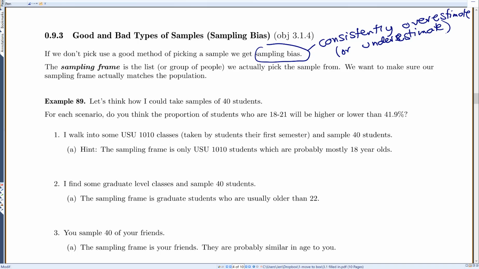I would bet our percentage will be a lot higher than 41.9%. I would bet that almost all are 18 to 21, mostly 18. So we are going to be overestimating by a lot.